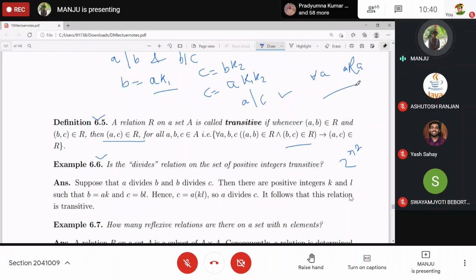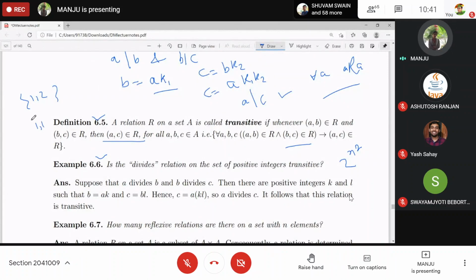Ma'am, I'm just giving that there is a relation on A cross A, and A has 1 and 2. That means (1, 1) should also be there, and (2, 2) should be there. Yes, both.